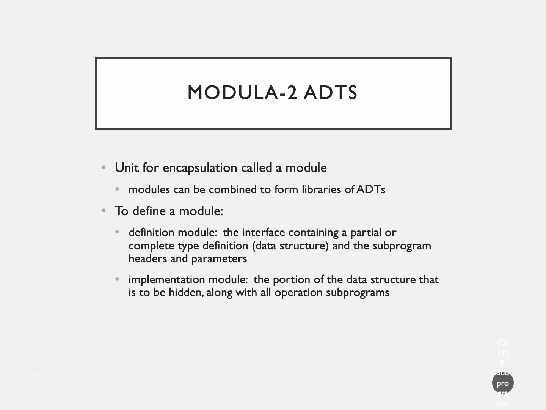Okay, Module 2. To understand how abstract data types are implemented in programming languages, let's take a look at Modula-2, a language that was among the first to offer explicit support for encapsulation using a construct called the module.